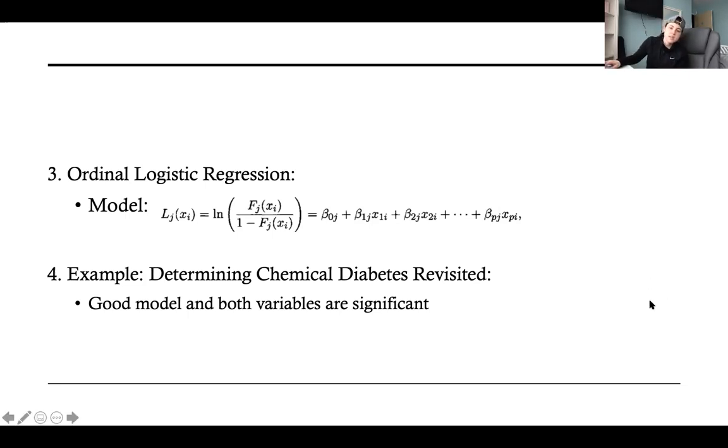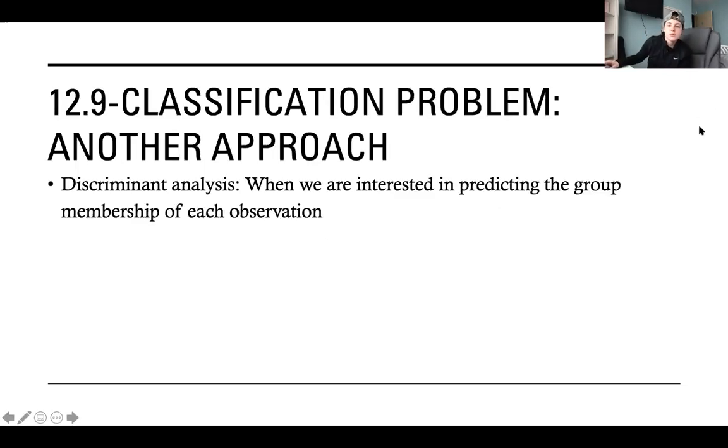And lastly, we're going to go over section 12.9, which is a classification problem with another approach. Classification is another method we can use. Discriminant analysis, in this case, is when we are interested in predicting the group membership of each observation. In this case, we're going to find a linear combination of the predictor variables.